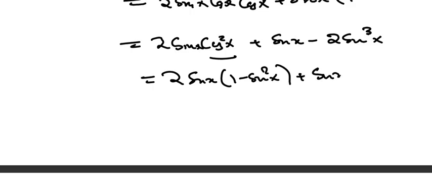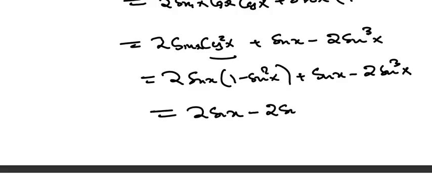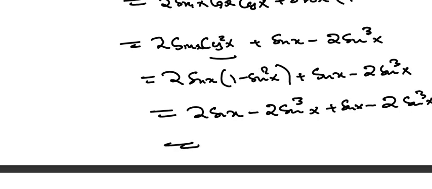Then plus sine x minus 2 sine cubed x. This will be 2 sine x minus 2 sine cubed x plus sine x minus 2 sine cubed x. This and this, that's going to be 3 sine x, minus this and that, that's minus 4 sine cubed x.